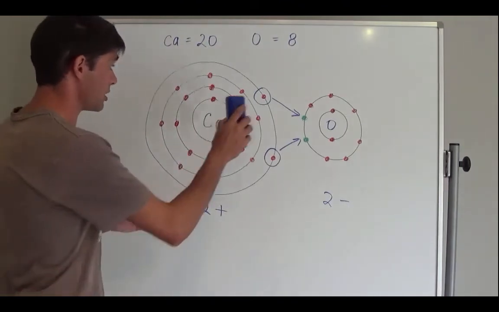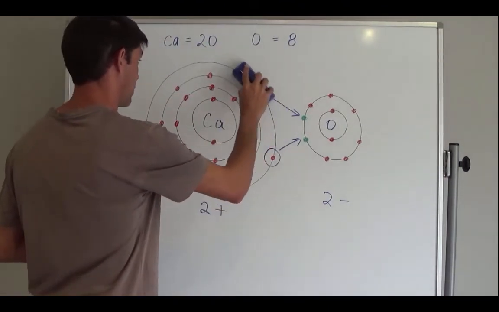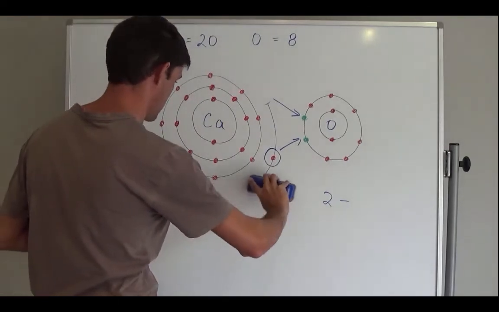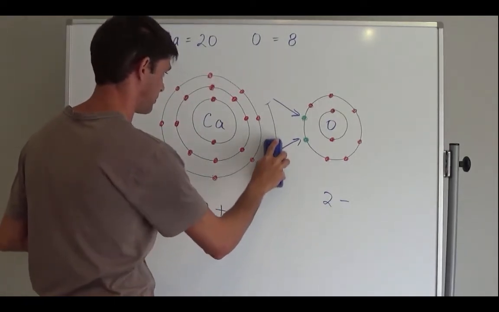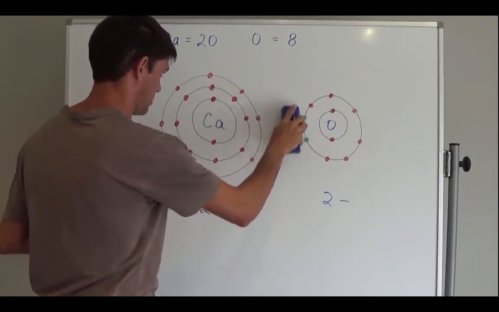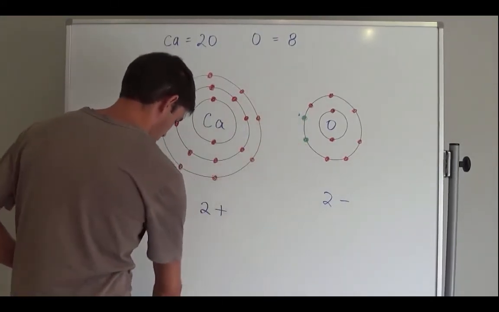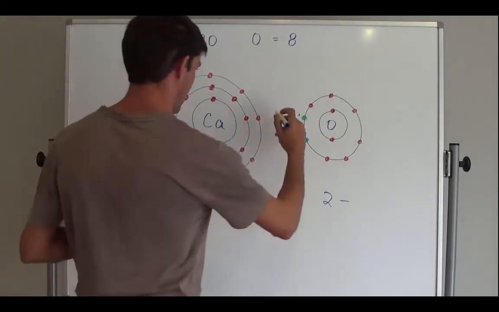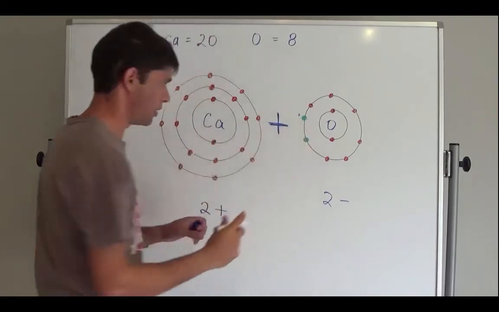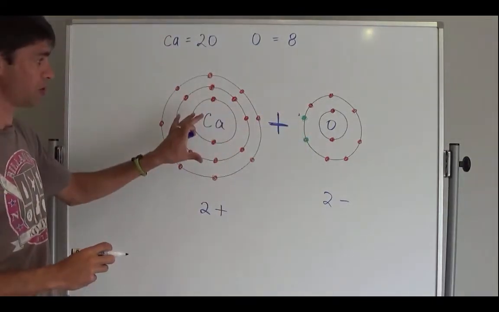So what you will see is this outside shell of the calcium will disappear completely. So that is calcium oxide when the two of them have combined together.